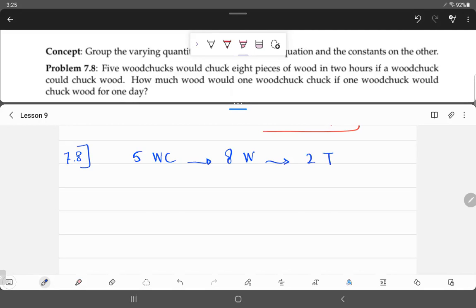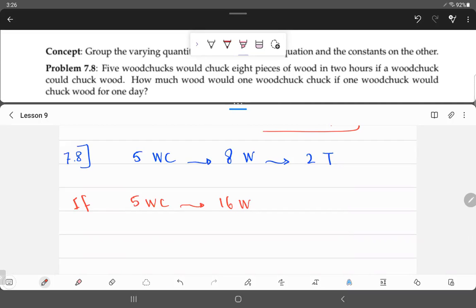So we need to understand the relationship between what? We have 3 things. We have woodchucks, wood pieces, and time. Let me try to understand what's happening. If we keep 5 woodchucks as is, and suppose I'm doubling the wood, this is 16. 5 woodchucks is going to do 16 pieces.